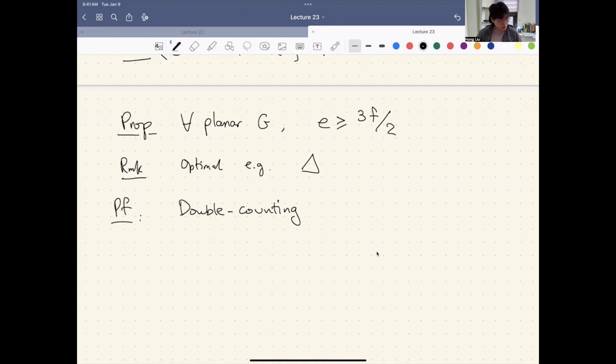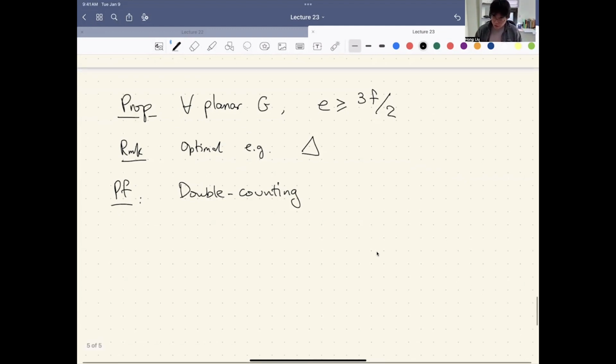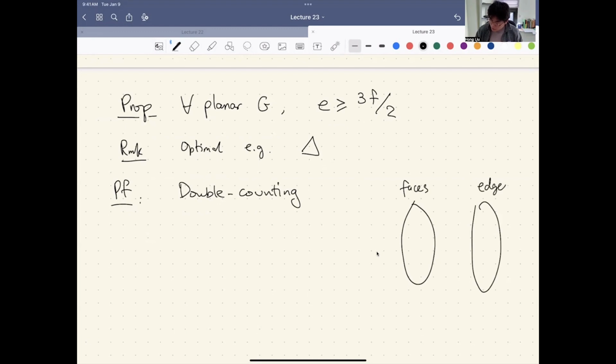So let's double count. Construct the auxiliary bipartite graph. Here are all the faces, and here are all the edges of G, right? A face is adjacent to an edge if the edge is part of that face, okay?